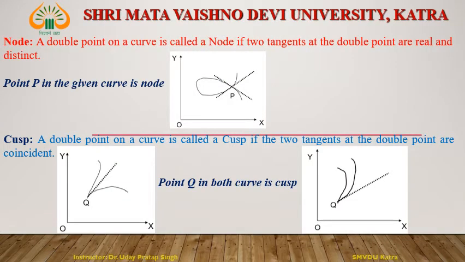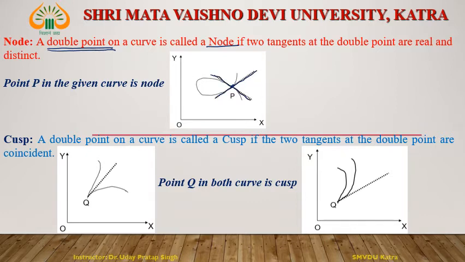A double point on the curve is called a node. First, what is a node? A node is a kind of double point. A double point on the curve is called a node if the two tangents at the double point are real and distinct, right? Suppose at this point P two tangents pass. Number one, this tangent, and number two, this tangent.